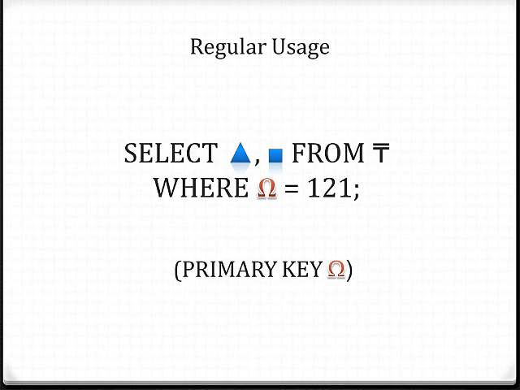Okay. So this is a primary key example. Omega is the primary key here, and you know that in InnoDB it is a clustered index, so the primary key actually holds the data. You have the primary key to find where the data is stored.